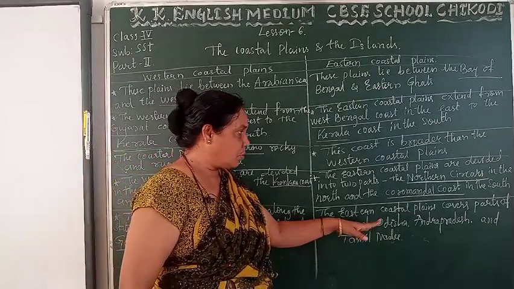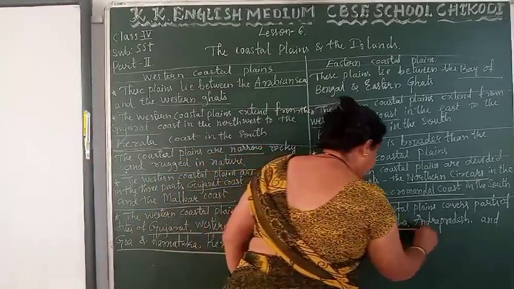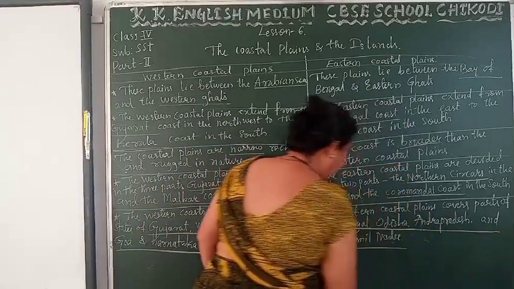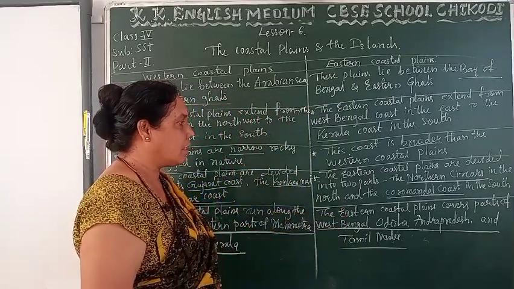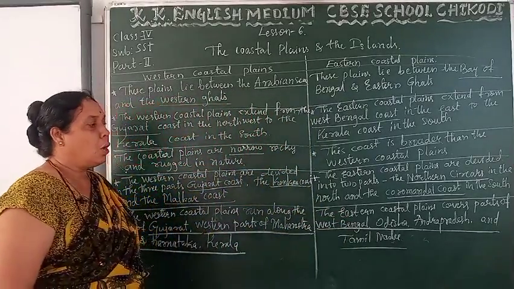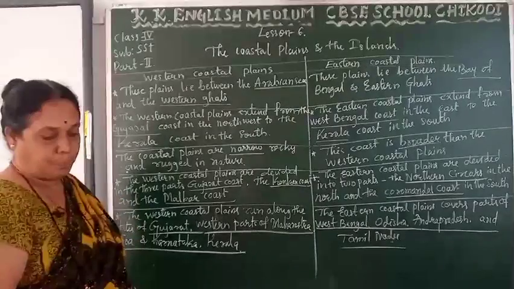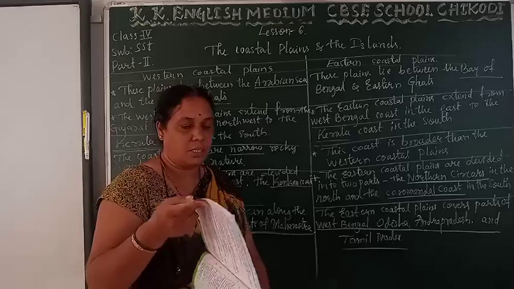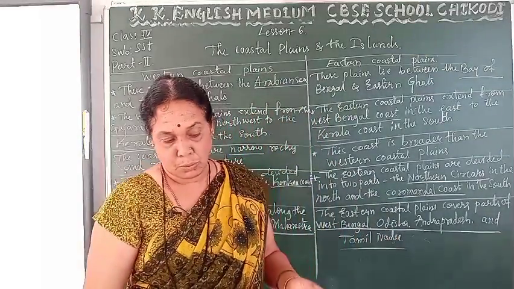The eastern coastal plain covers the parts of West Bengal, Odisha, Andhra Pradesh and Tamil Nadu. Okay, dear student, this is the difference between western coastal plains and eastern coastal plains.